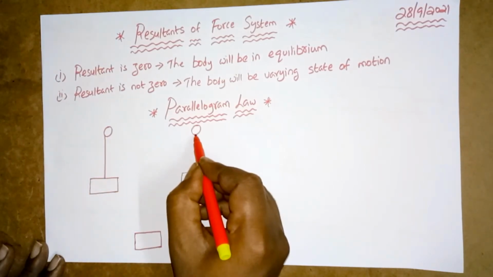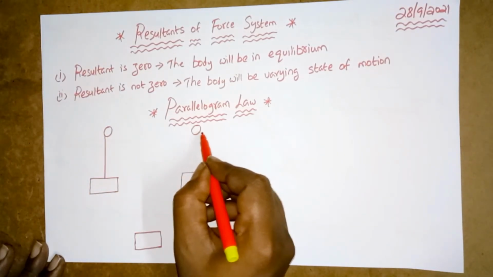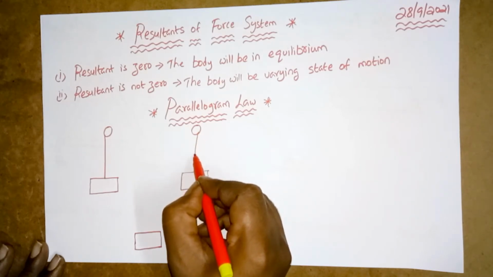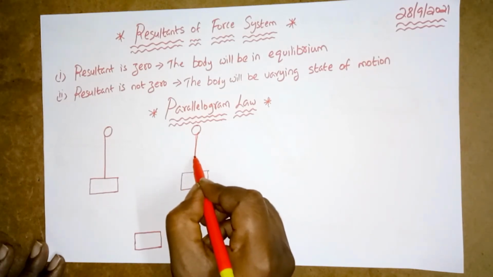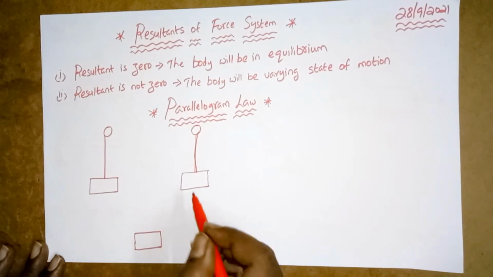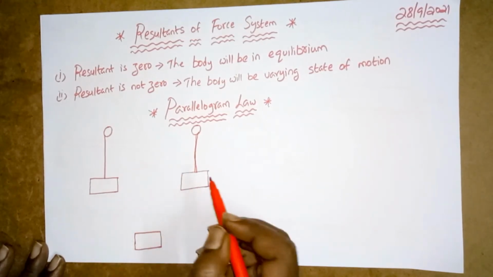If you get a question regarding this parallelogram, you can draw this diagram. So three chords we have shown here.